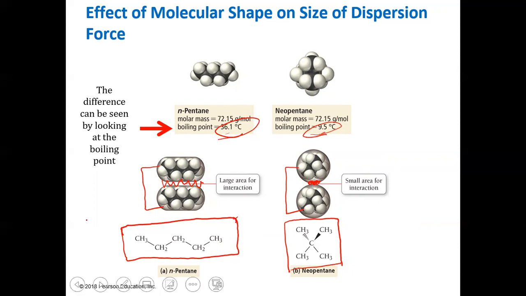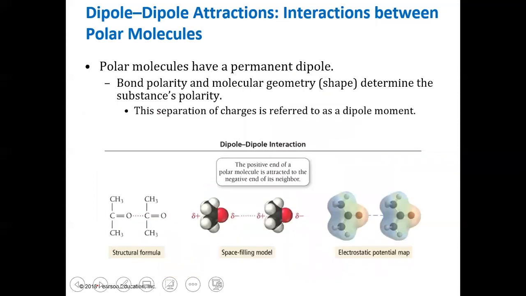Okay, so that's dispersion forces. Let's look at dipole-dipole. So polar molecules, and the only way you're going to know if something is a polar molecule is if you were to draw it and you saw that it had a certain geometry.